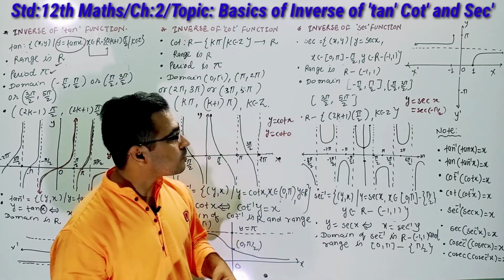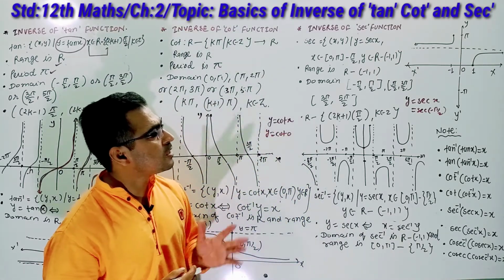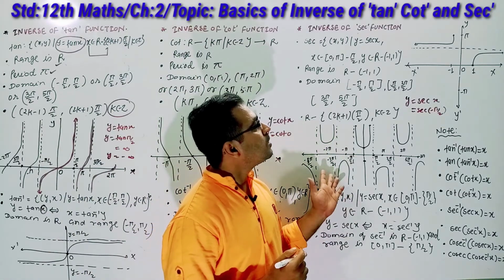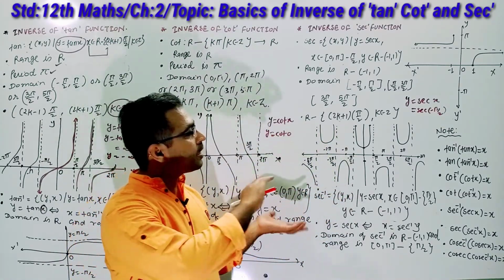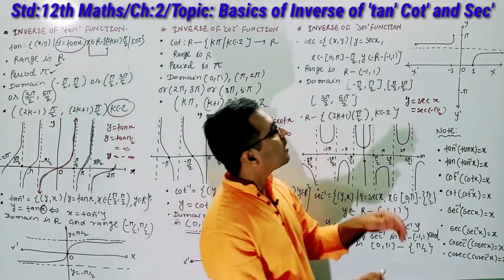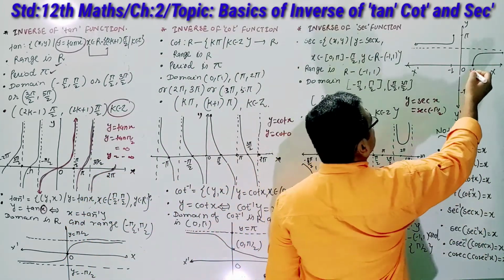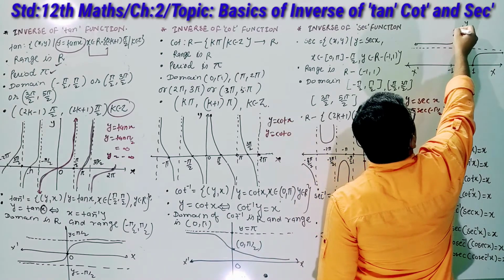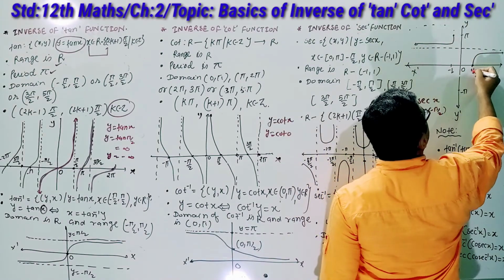Okay students, so what do we have to do over here? We can plot the graph of these, and again you will have to rotate. After rotating, you will get the graph in this form.